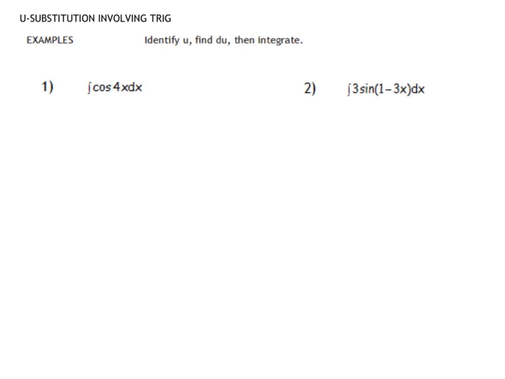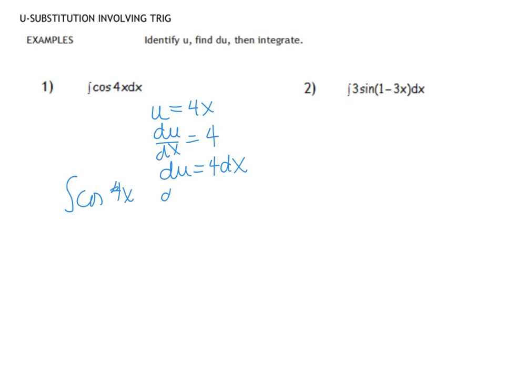So on this first one, number 1, cosine 4x dx, we know that u is going to be 4x. du/dx is 4, so du is going to be 4 dx. All right, so if we rewrite this, we have cosine 4x dx, and so we know we need a 4 and a 1/4.